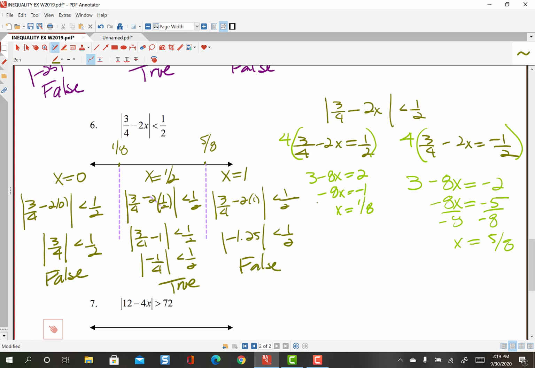So this one here is going to be true here in the middle. Now, to determine whether you include or not include the endpoints, you need to look at the original problem here. These are plain less thans, so that means the endpoints are not included. So we are going to use parentheses here. When I go to write my answer in interval notation: parenthesis, 1/8, comma, 5/8. That's it.